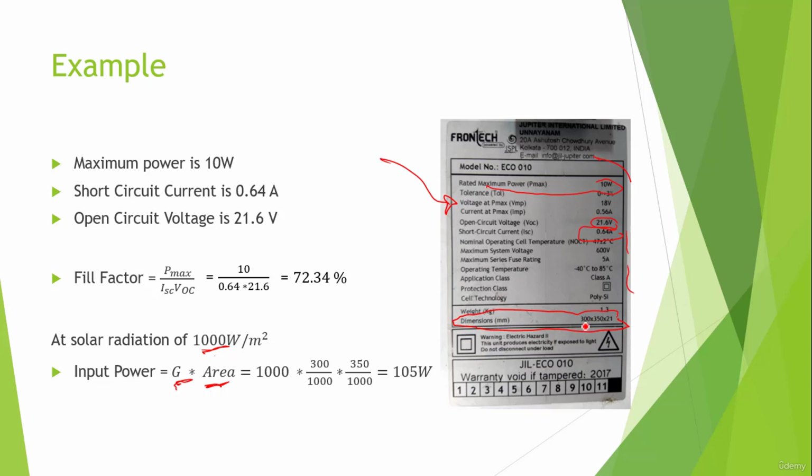The first is the length, the second is the width. By multiplying the length and the width, we get the area. Then by multiplying the area by the solar radiation, we get the input power to this solar panel.